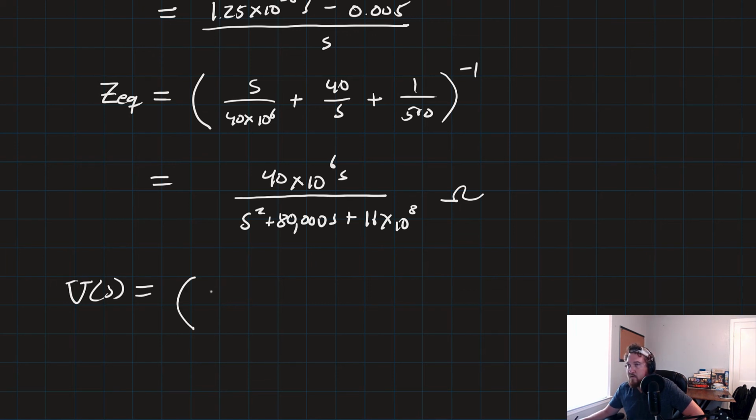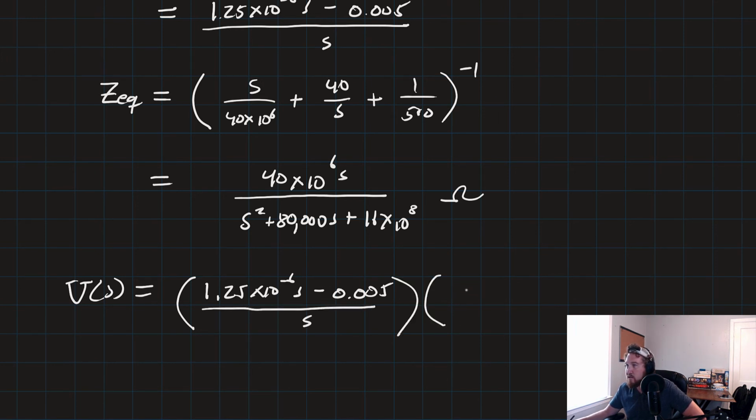Now we're ready to find our V sub s. So that's just equal to our IEQ, 1.25 times 10 to the negative 6 S minus 0.005 over S, times our ZEQ, 40 times 10 to the 6 S over S squared plus 80,000 S plus 16 times 10 to the 8.